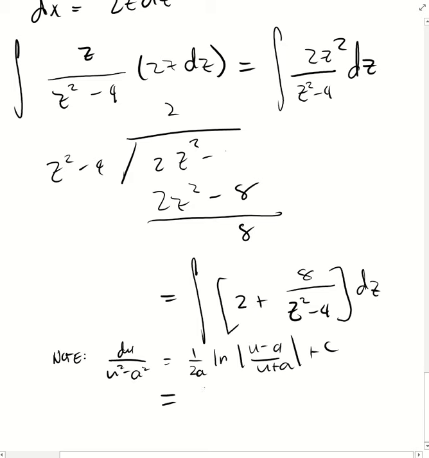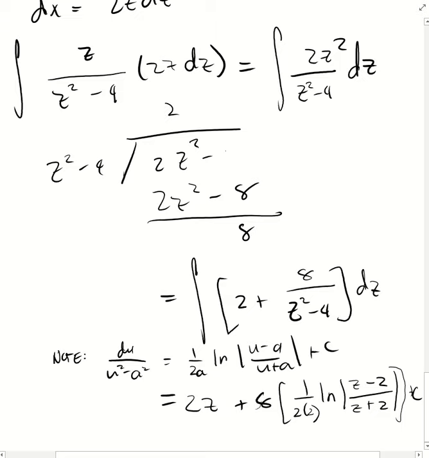So we'll now have the integral of 2 dz, this is just 2z, plus the integral of dz over z squared minus 4, so 8 times 1 over 2a, our a is 2, 2 times 2, then ln of z minus 2 over z plus 2, then plus c.